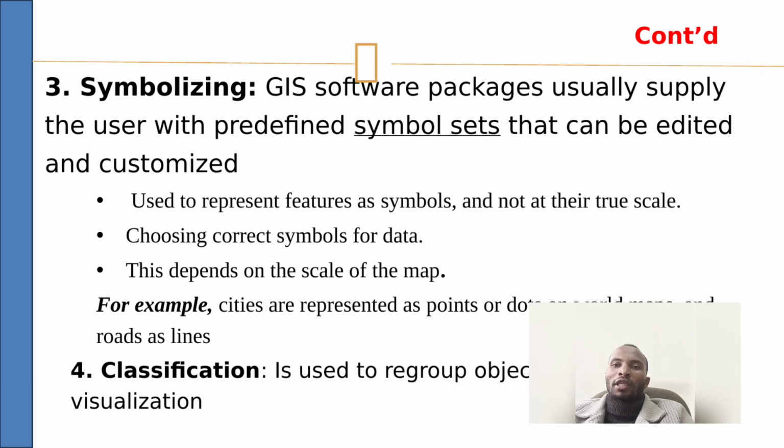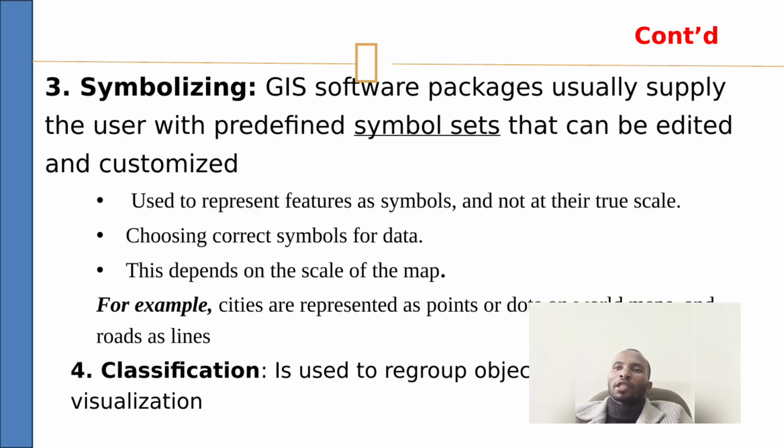The second, use of text. Descriptive text is used to give a map its title, to explain the legend and to label features on the map. The third cartographic design is symbolizing. GIS software packages usually support users with predefined symbol sets that can be edited and customized.